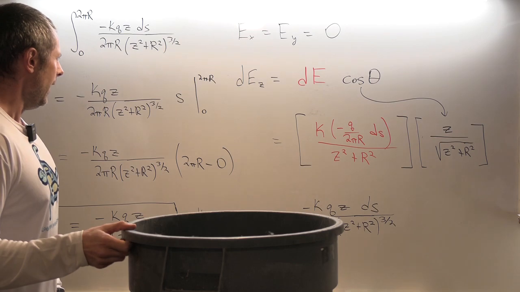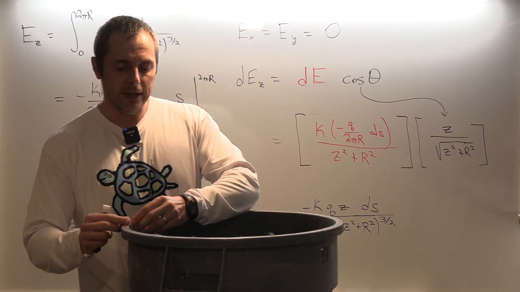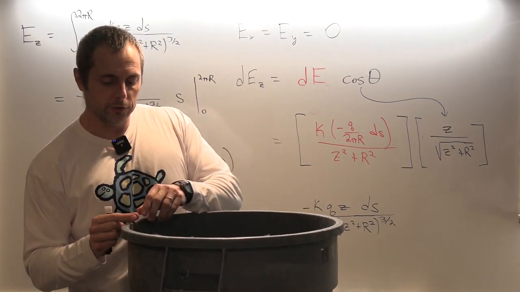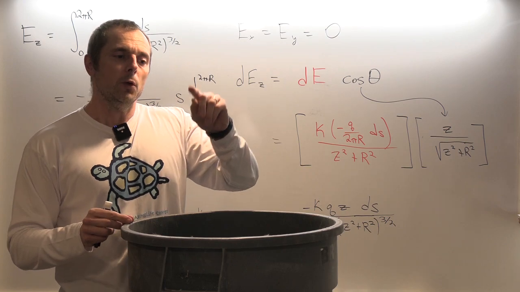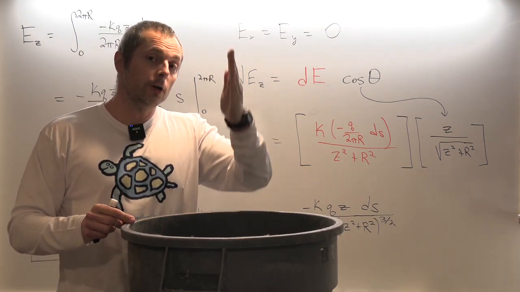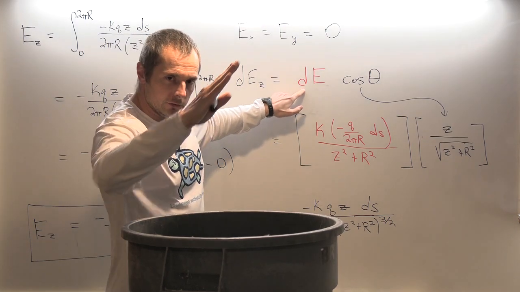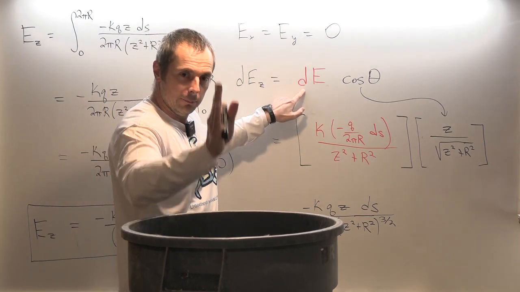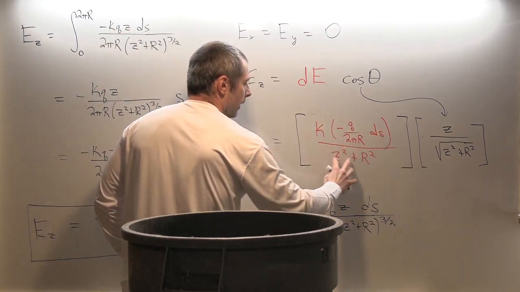Okay, and so what we did is we imagined with this ring, a little tiny, like an electron here, kq over r squared. We knew we had to pick the vertical component, the z-axis. That's why we said dE, this length arrow, times the cosine picks the z component. Then we filled this in with kq over r squared.